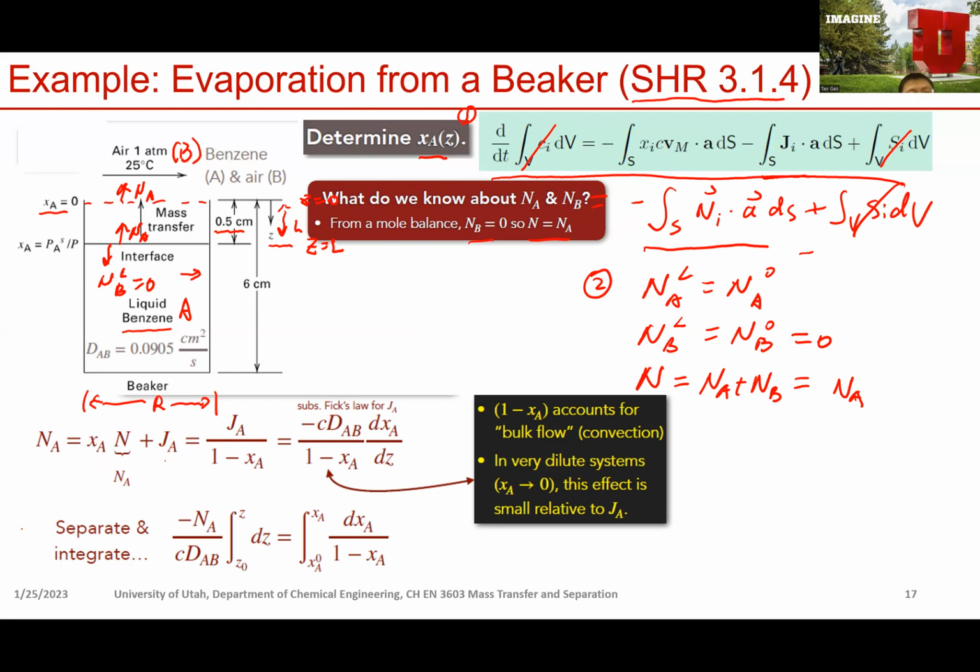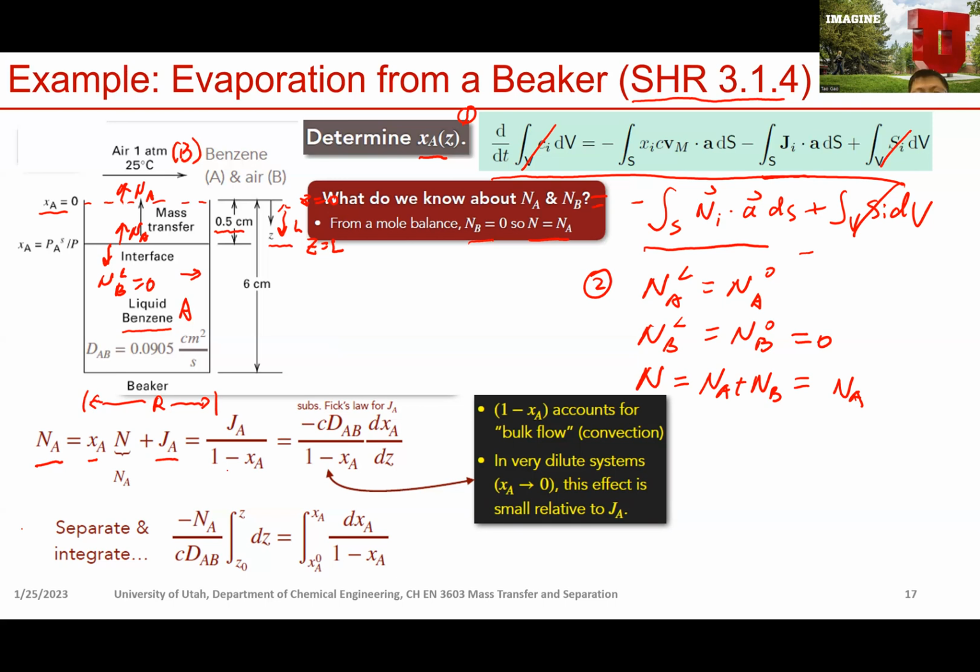We start from the total mole flux equals the mole fraction of A multiplied by the total mole flux of A plus B, plus the diffusive flux of A. That's the general equation for describing mole flux.